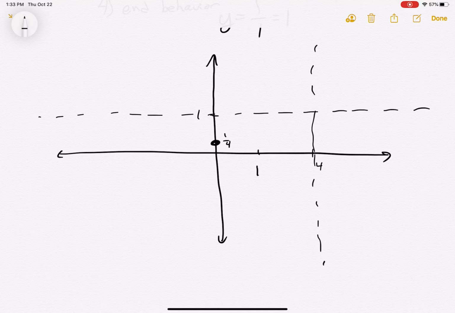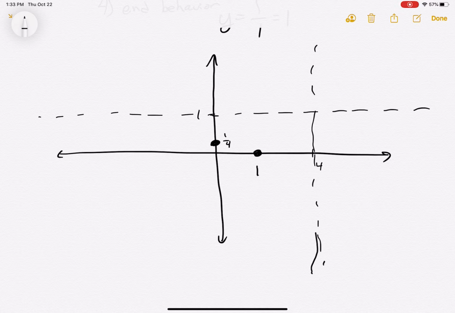So it goes through the graph here, and it goes through the graph here. Now, as it approaches this vertical asymptote, it's either going to go to positive infinity or negative infinity. So we have to decide, where is our graph going to go? Well, if it's going to go through these dots, it's going to approach this vertical asymptote on the negative side, and then it's going to approach the horizontal asymptote on that side.